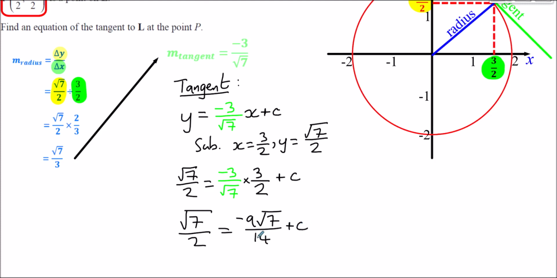I then need to add this awkward looking value to both sides, so if I add on 9 root 7 over 14 to both sides, then I'll have what c is.